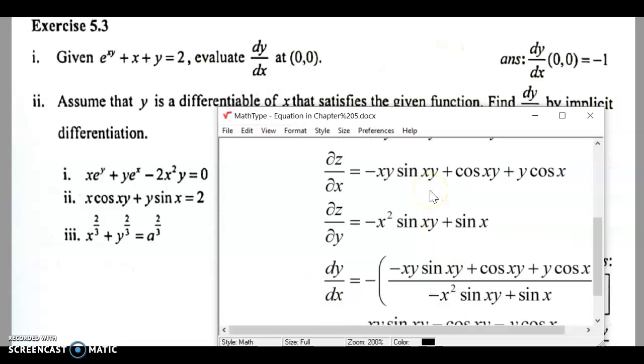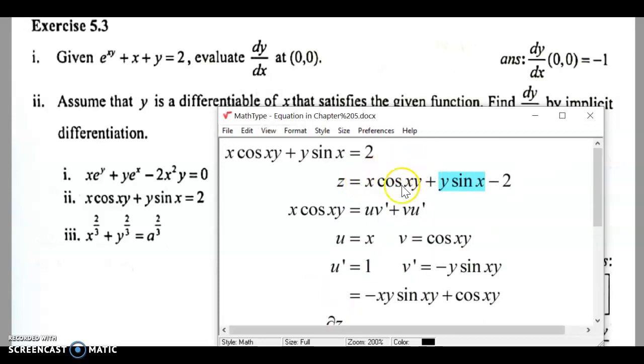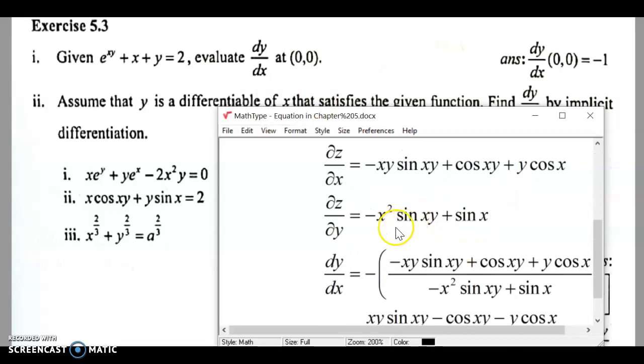For partial z over partial y, we don't really need to use product rule, because we don't have y and y. It is x, so ignore it. We just derive this, and the same goes for this one. Only derive this one. This is considered as a constant. Okay, and this is to be ignored, and this is what I get.